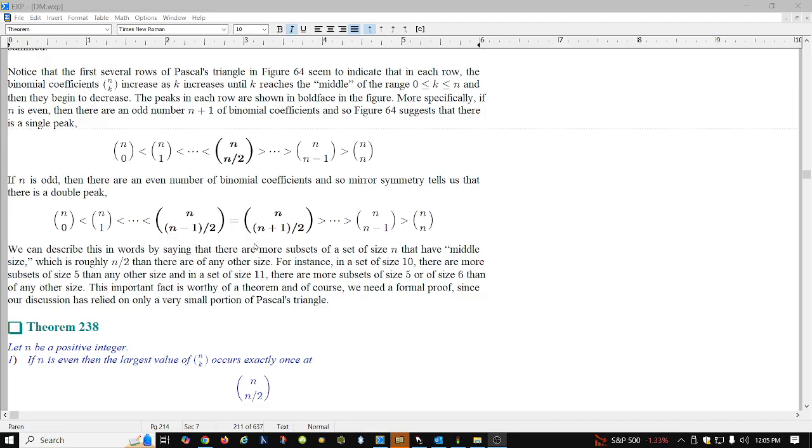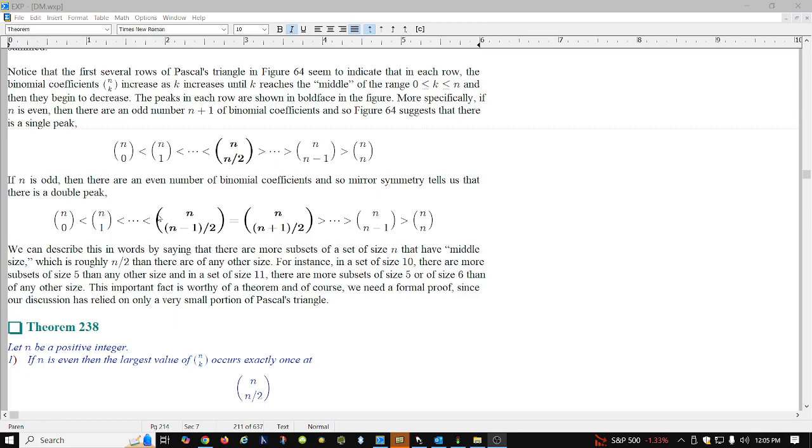So we can say in loose terms that there are more subsets of a set of size n that have middle size, which is roughly n over 2. It might be n over 2 exactly, or if n is odd, it's going to be on either side of n over 2.